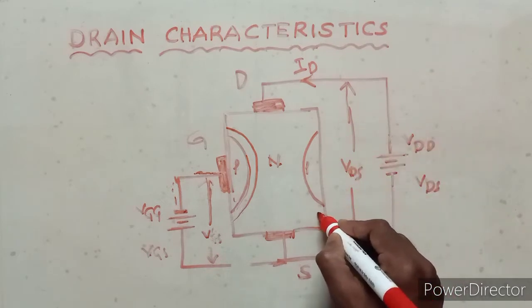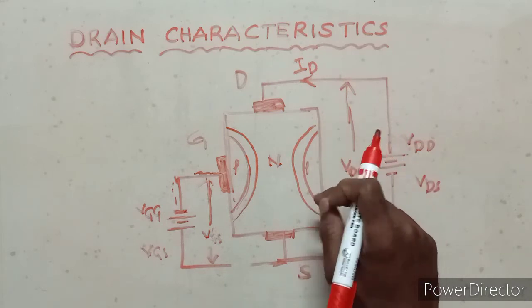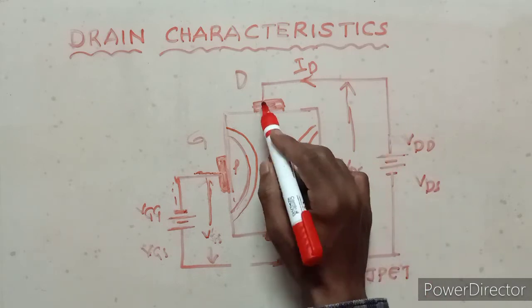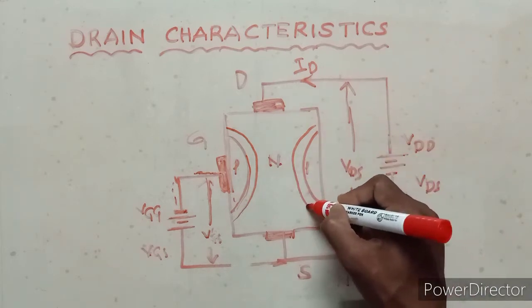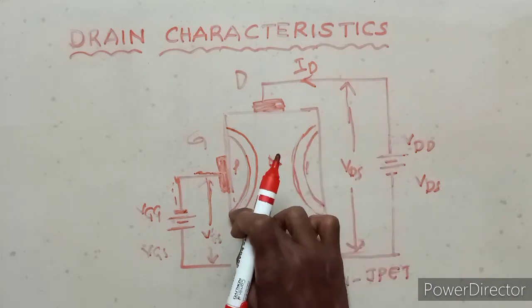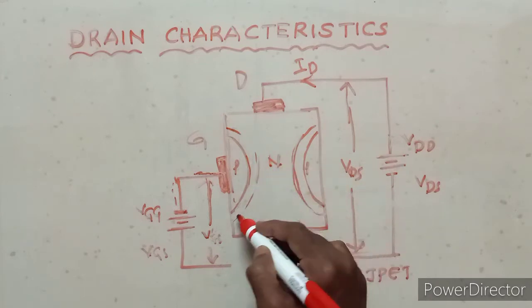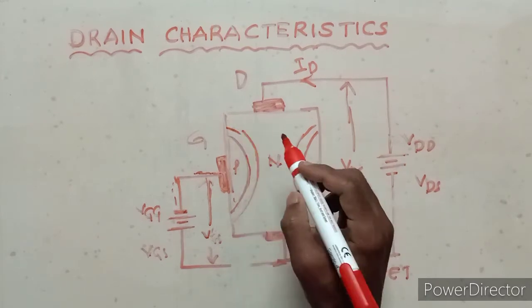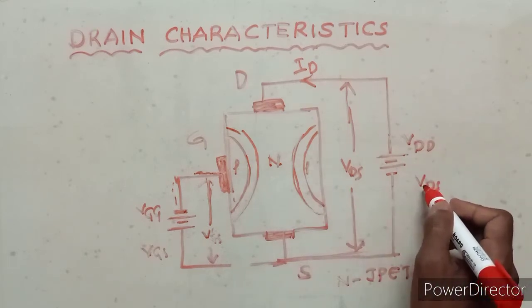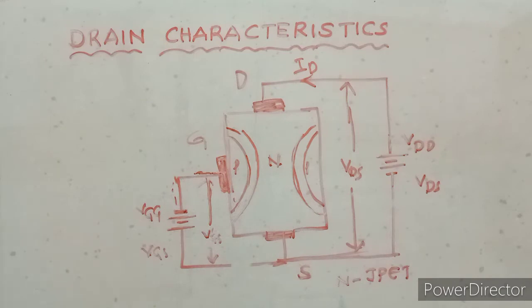So here the depletion layer increases, because some electrons are attracted by the positive. So this is the depletion layer. So in this case, VDS increases, the reverse voltage across the PN junction increases and the thickness of the depletion region also increases. That is the first one.